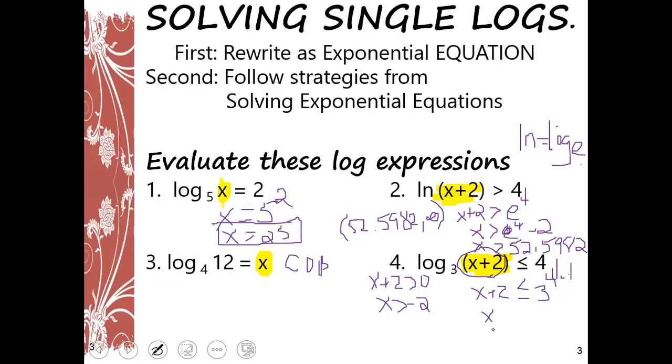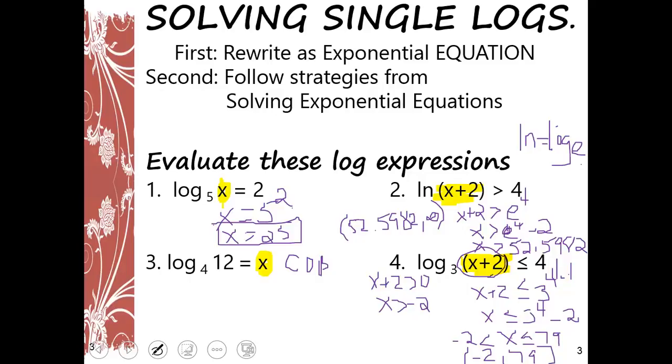So x has to be less than or equal to 3 to the 4th power minus 2, and that says x has to be less than or equal to 79. At the same time, x cannot go under negative 2, so x is greater than negative 2. In interval notation, this is going to be negative 2, 79, and then a bracket.